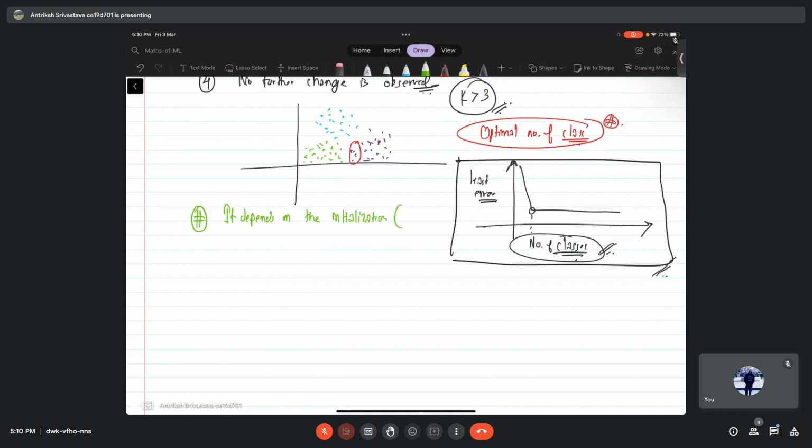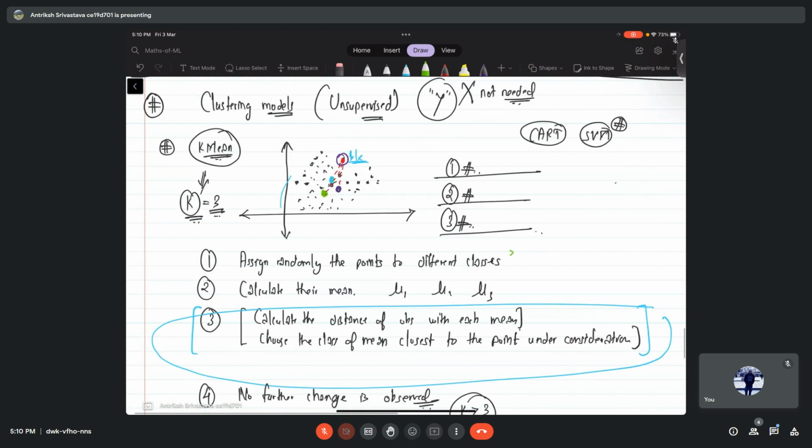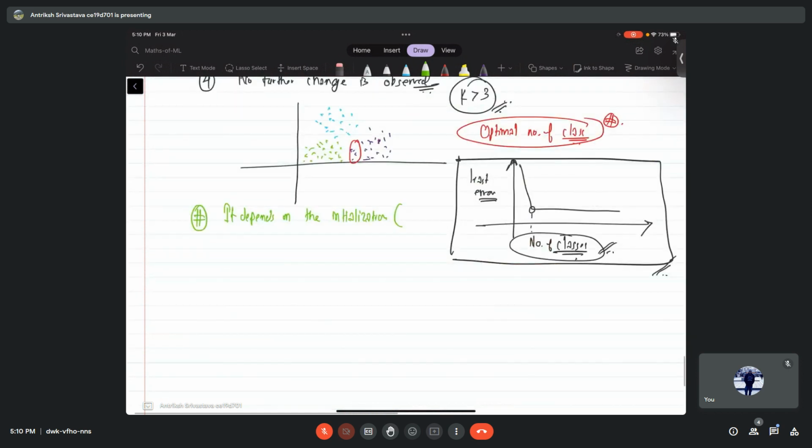The random initialization that we do of each point into a different class is a crucial step, because it is said that you have to run this algorithm one or two times to get a correct classification. So it depends on initialization. That is something we have to worry about.